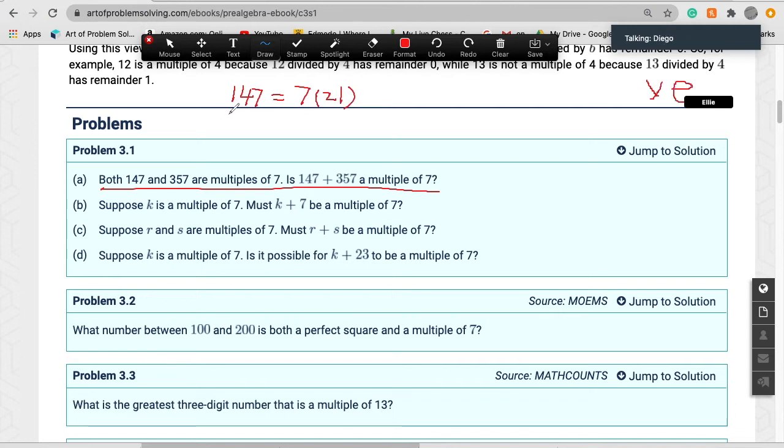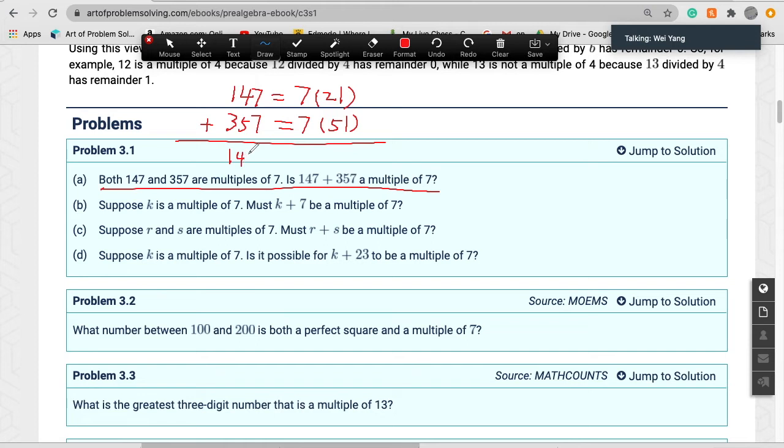Then what about 357? We can do the same thing. This one equals 7 times 51, right? Now you add these two numbers.